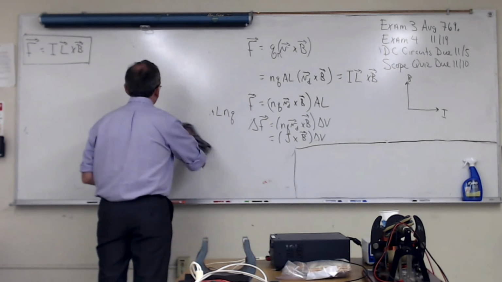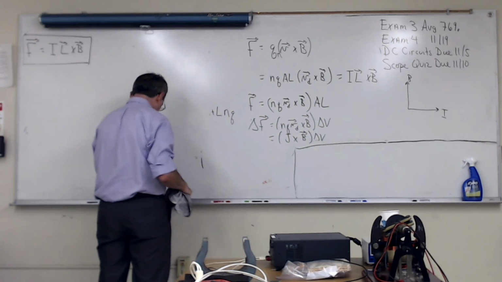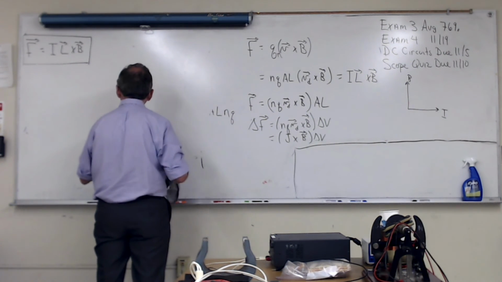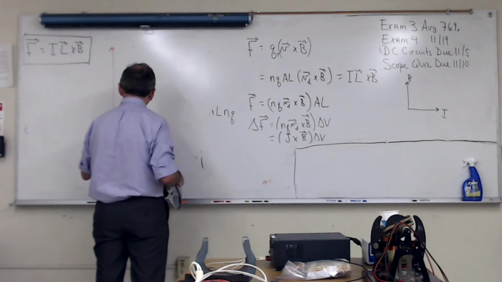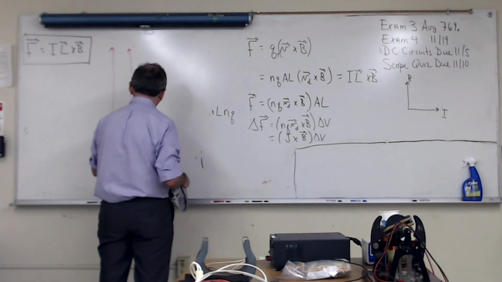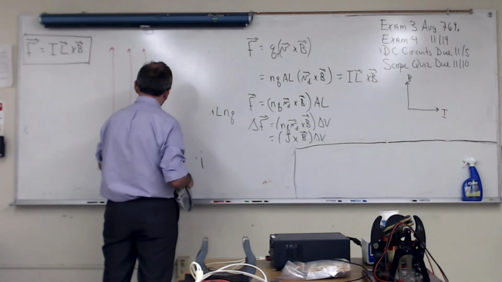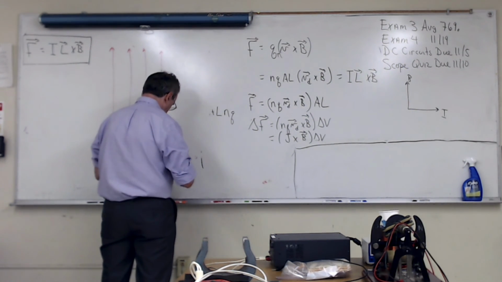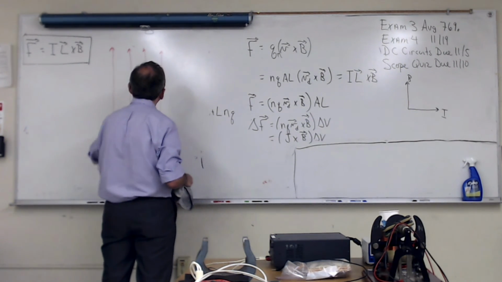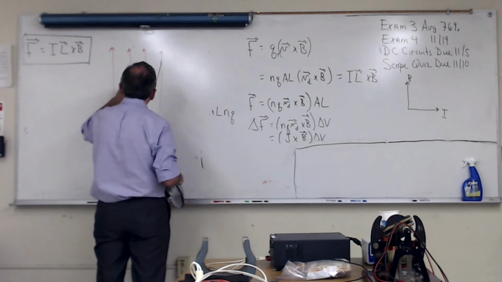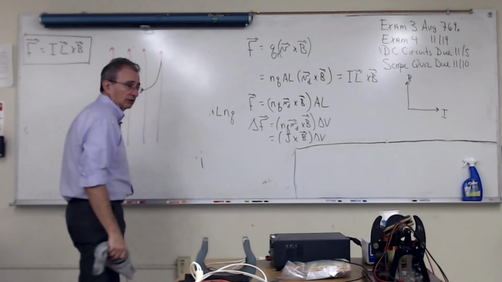What if I have a magnetic field that points like this, and I have a wire that's not straight?